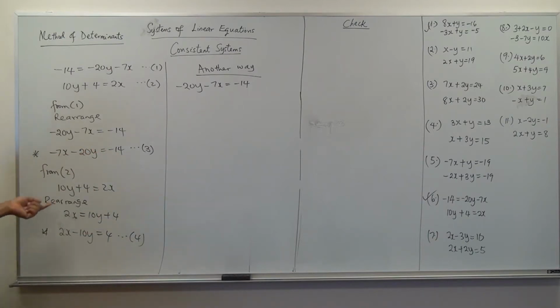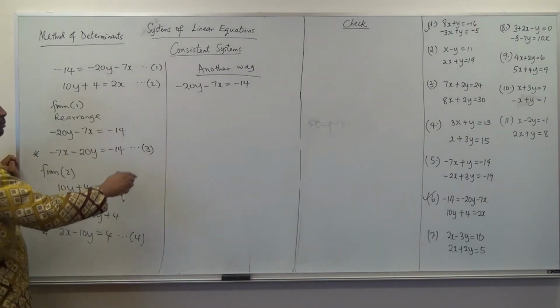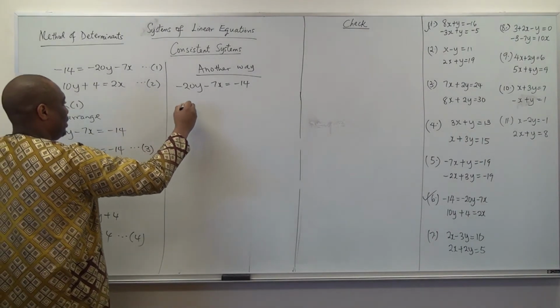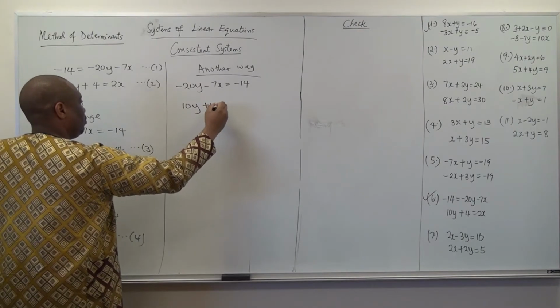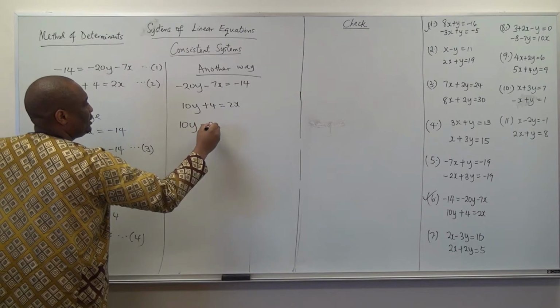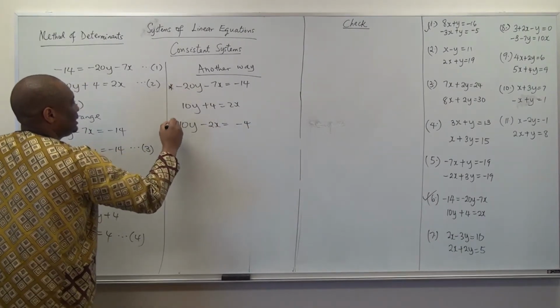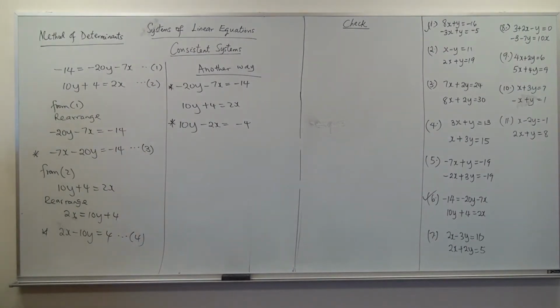Somebody else might say no, he wants y to come first. So if you want y to come first, this is 10y plus 4 equal to 2x. You have to rearrange it: 10y minus 2x equal to minus 4. You want to use this and this. What you want to do is to make sure that anything you use should be rearranged.